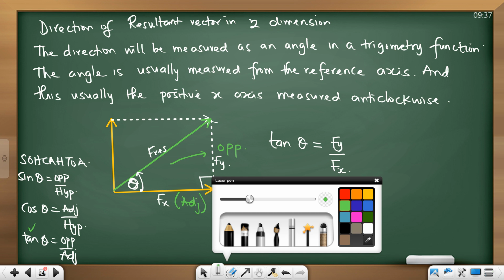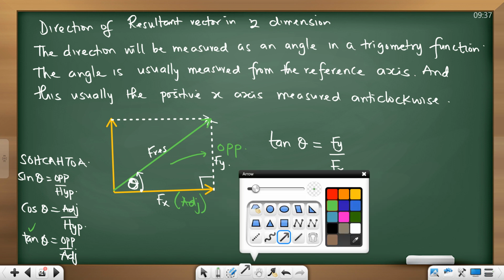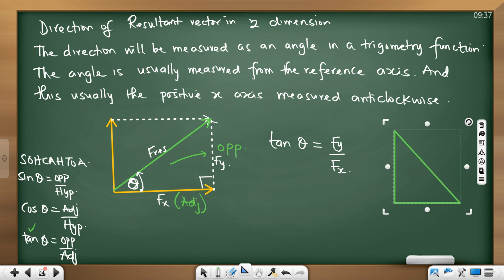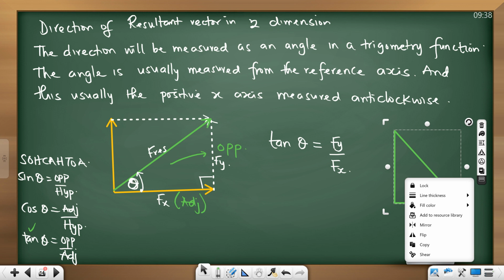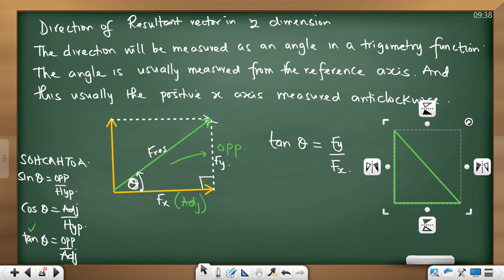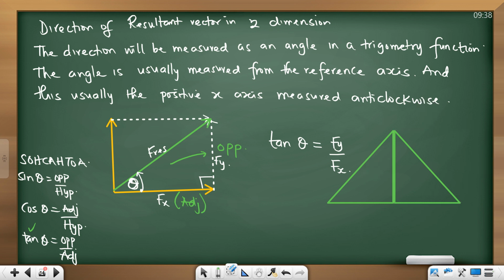So, I have a right angle triangle. I want it to be the same shape as what I have here, so that you would see. Remember, this would be on a Cartesian plane. Okay, beautiful. I got what I wanted.